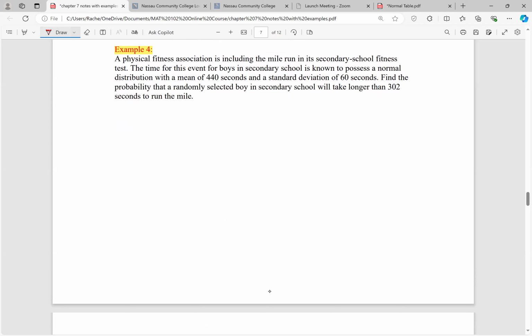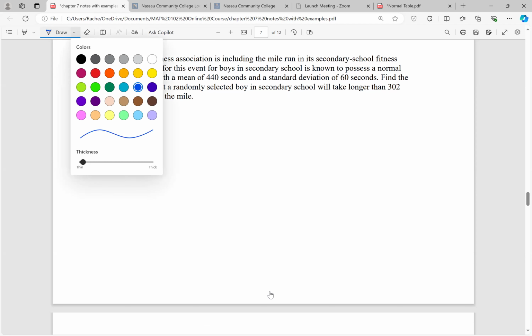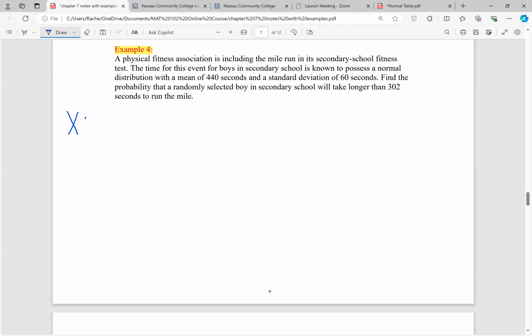So we're looking at a population of secondary school boys, or boys in secondary school. And what we're measuring about them is the time it takes them to run a mile. So that's what X is in this case. Similar to the example above, X is time, but this time it's in seconds. We're measuring time in seconds.